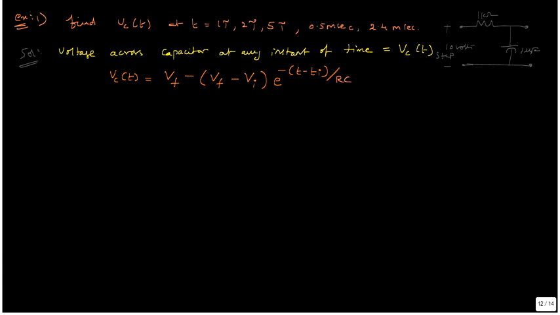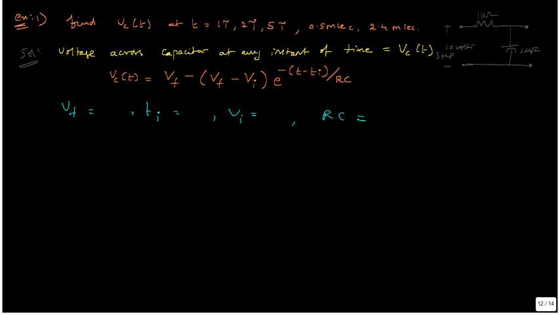First you need to find out what is the value of Vf, what is the value of Ti, what is the value of Vi, and what is the value of RC. If you are able to identify these values, that is sufficient. You can calculate the voltage across the capacitor at any instant of time.